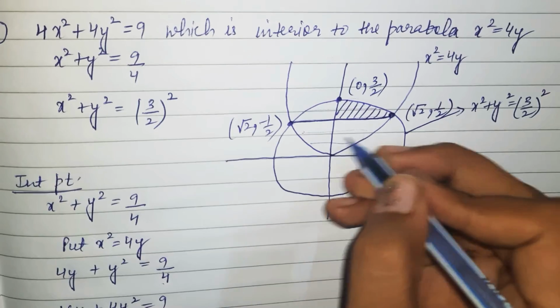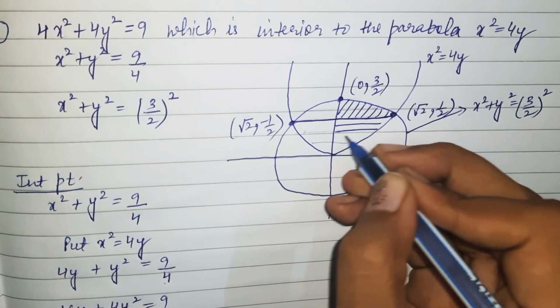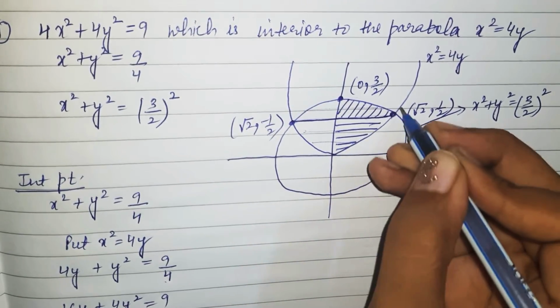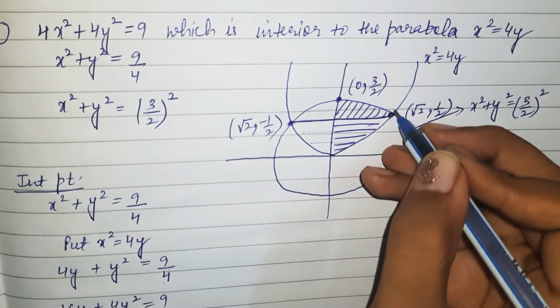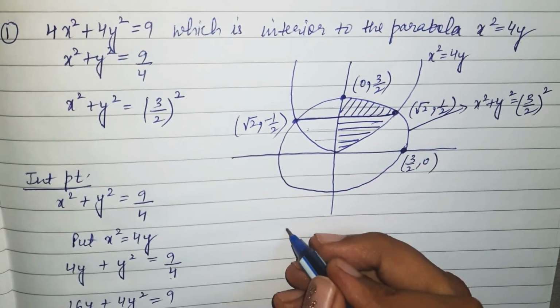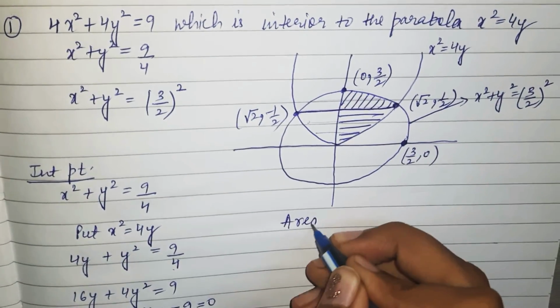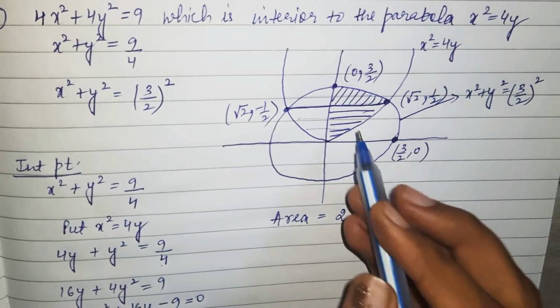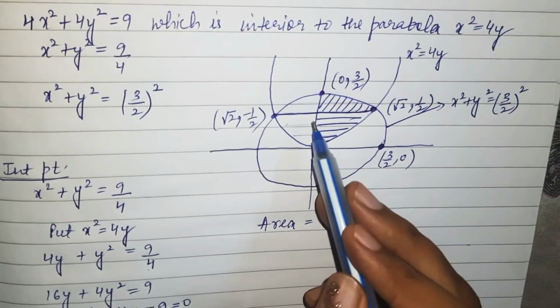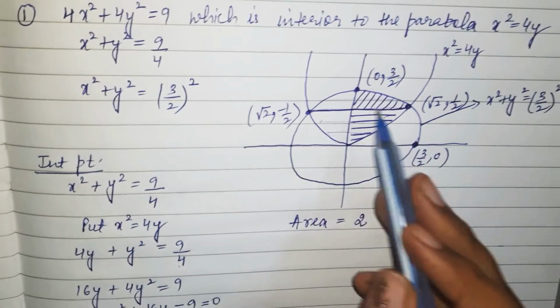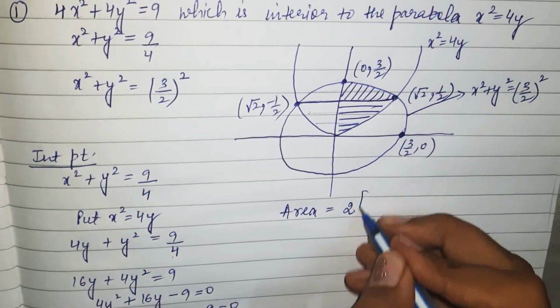And whenever I am talking about this area, the curve is the parabola. So how to calculate the area: twice I need to do, because I need to take the interior of the circle which is interior to the parabola, twice of.